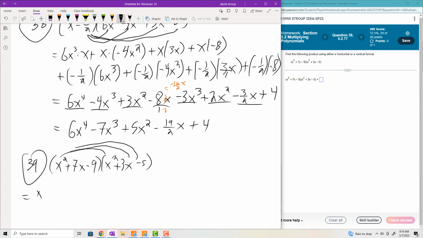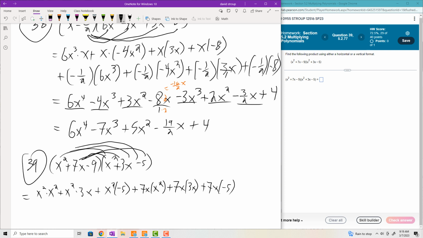So I'll have x squared times x squared plus x squared times 3x plus x squared times negative 5. And then the 7x, so plus 7x times x squared plus 7x times 3x plus 7x times negative 5. That was from this, this, and this. And then finally the 9.